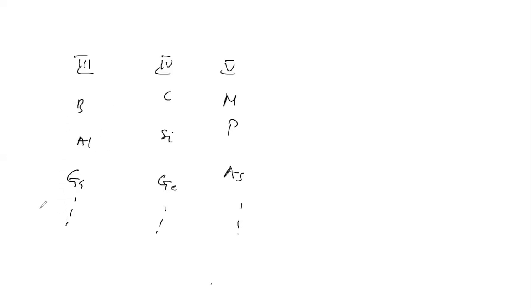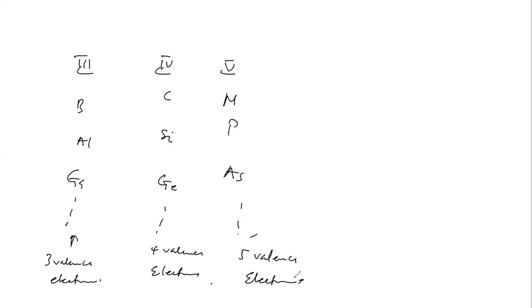And looking at this periodic table, group 3 elements have 3 valence electrons, group 4 elements have 4 valence electrons, and group 5 elements have 5 valence electrons, okay? So we could combine group 3 and group 4 elements to form some interesting semiconductor devices. Also, group 4 and group 5.